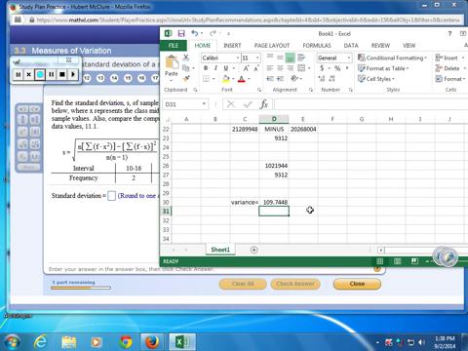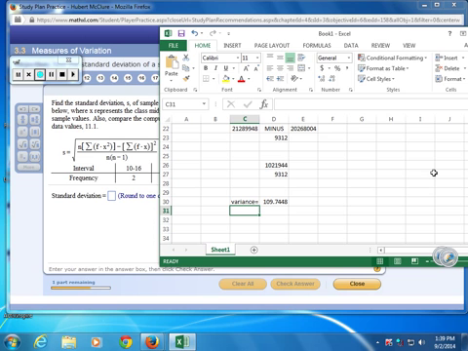Okay, now the next step is very important for you to write in your notes. To find the standard deviation, you take the square root of the variance. Or raise it to the 0.5 power, whichever. So there are two very important pieces of information.